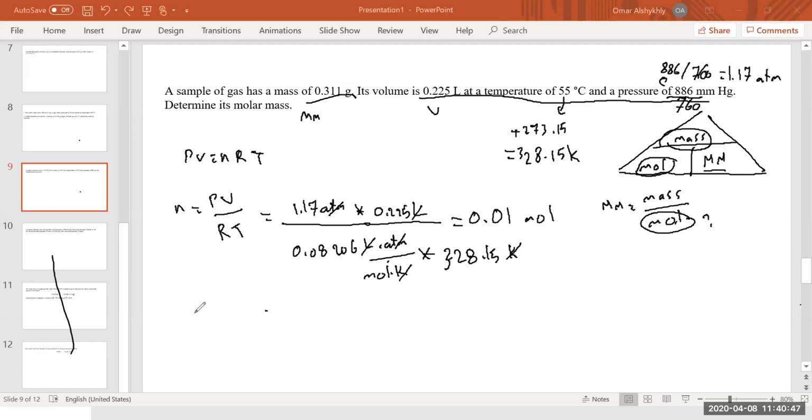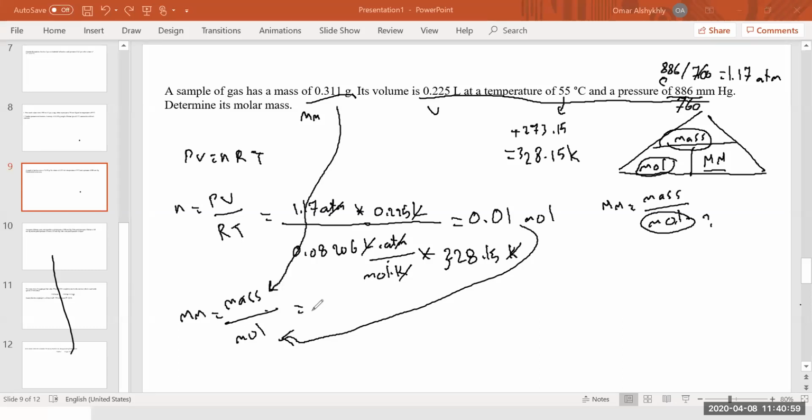0.01 mole of oxygen. Now the molar mass equals mass divided by mole. This is the mole and this is the mass. So here it would be 0.311 gram divided by 0.01 mole. That will give you 31.